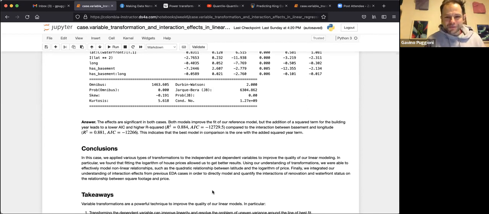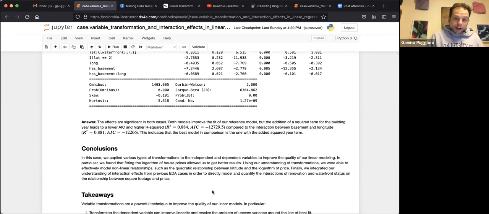But let me say something about conclusions. We applied different types of transformations to the independent and dependent variables to improve the quality of our linear model fitting, but also to answer specific questions. For instance, how can we capture a nonlinear effect of a predictor? Or how can we reconcile our response variable to the hypothesis of a linear model?